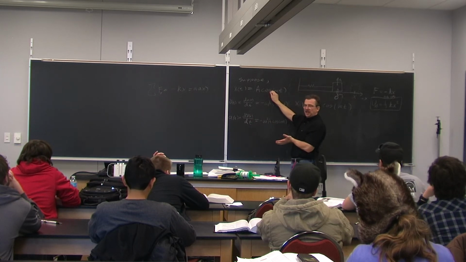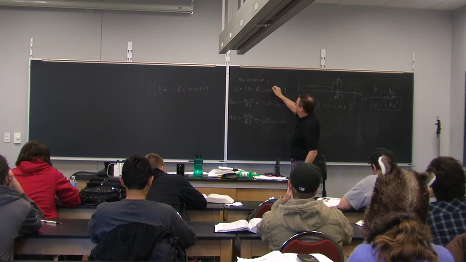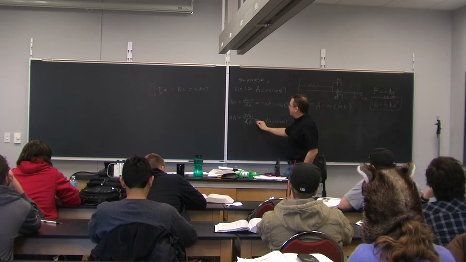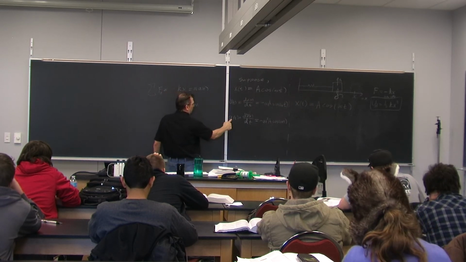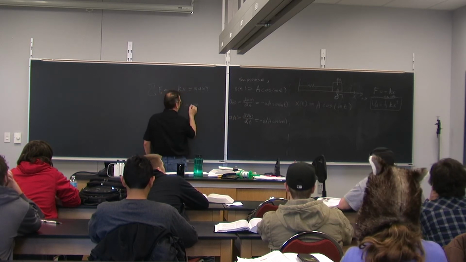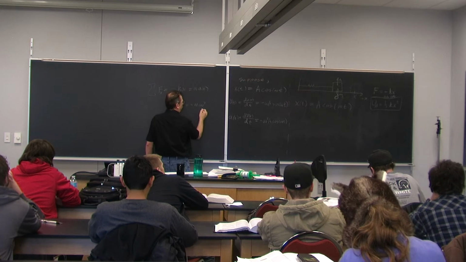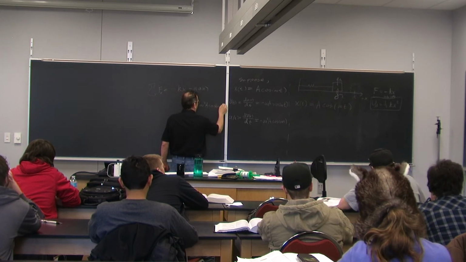And so I've taken a guess. I said, maybe this is the x. Let's see if it works out. Here's my acceleration. So there's the acceleration, and that's a minus m omega squared A cosine of omega t.